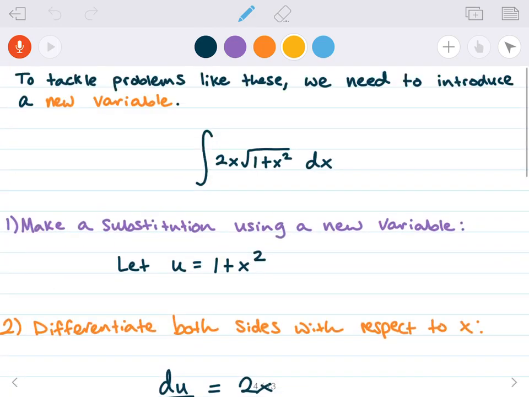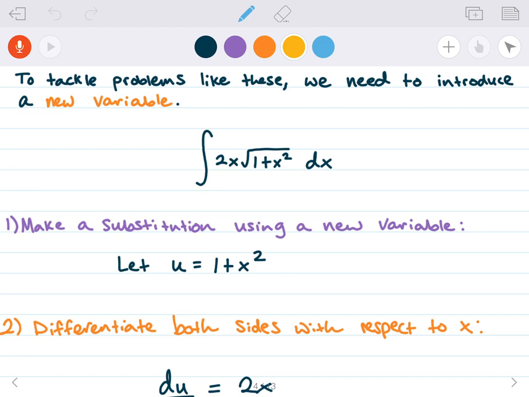Okay, so let's just do it step by step. To tackle problems like these, as I said, we need to substitute something. We need to introduce a new variable. And typically you're going to see this done with a u or a w. I like u better, so that's what I'm using here.